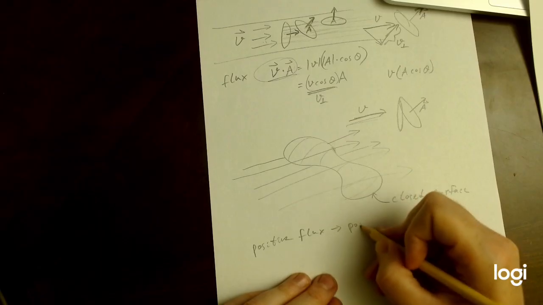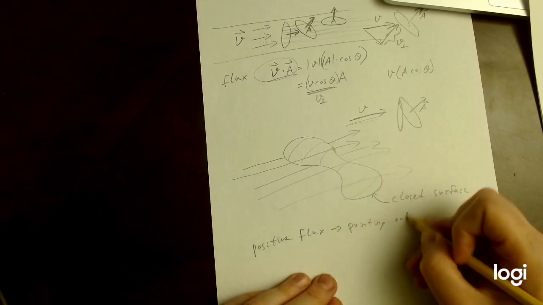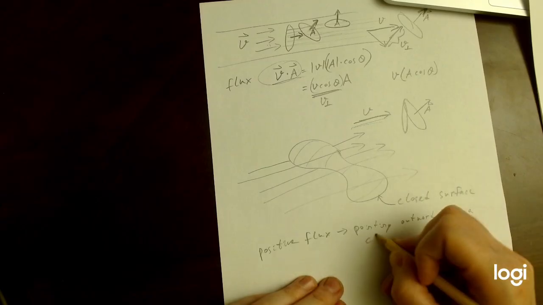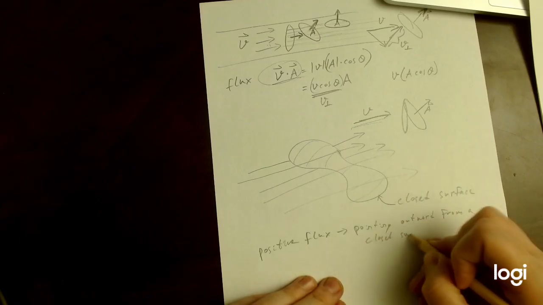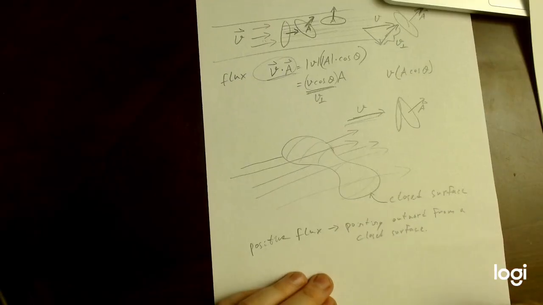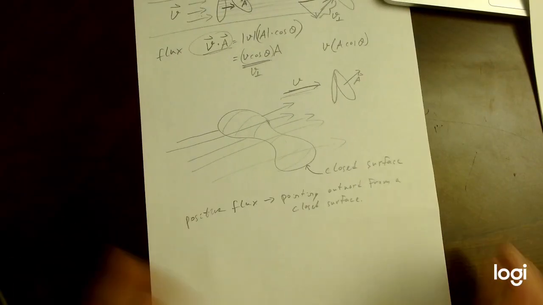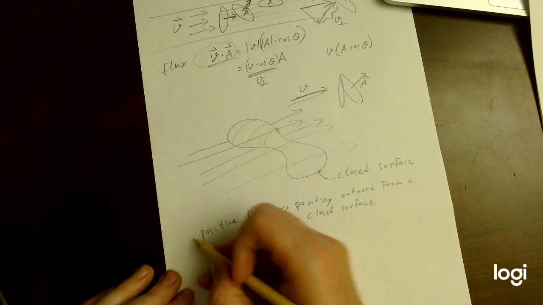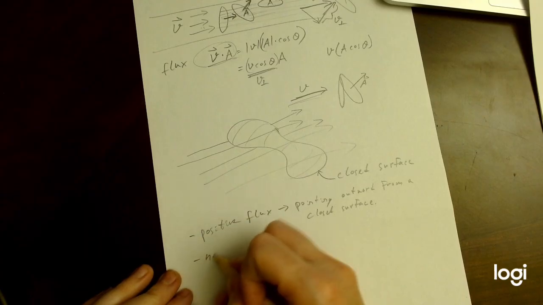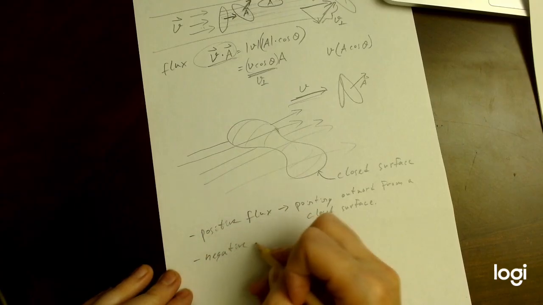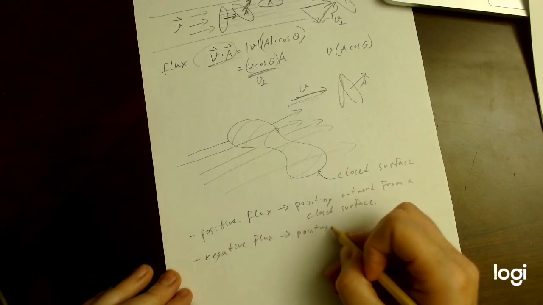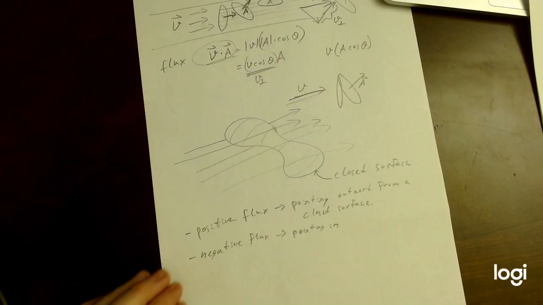Positive flux is pointing outward from a closed surface. Now note that that doesn't work if the surface isn't closed, because then there's not a clear inside or outside, but if there is a closed surface, we can use this convention, and a negative flux will be the opposite, pointing in to a closed surface.